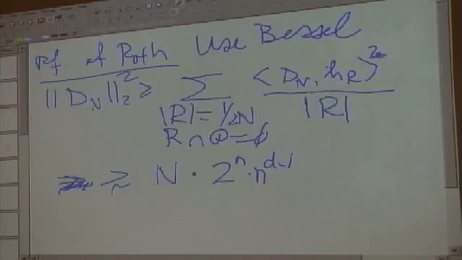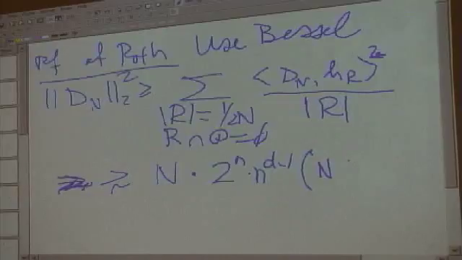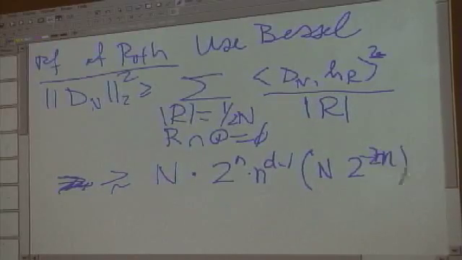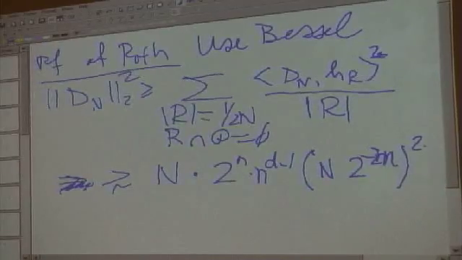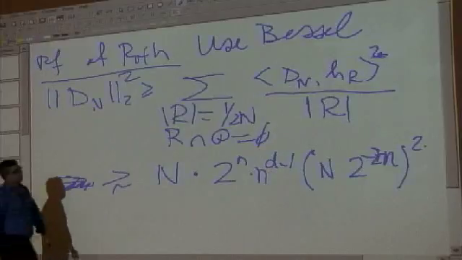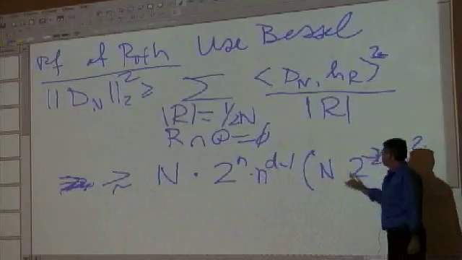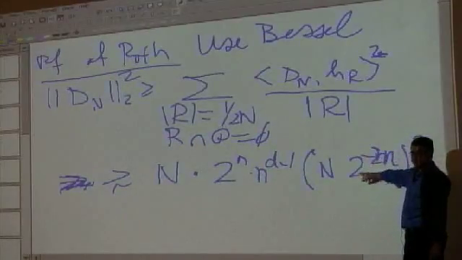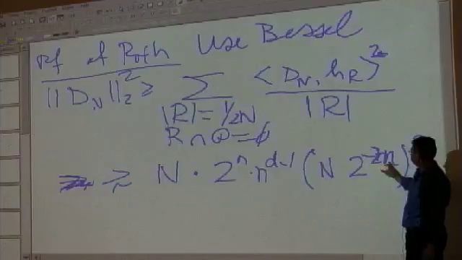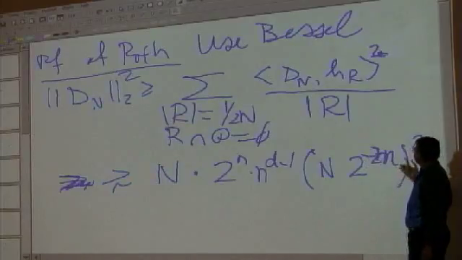And now what is the inner product squared? The inner product was this capital N times the volume of the rectangle, squared. The volume of the rectangle is 2 to the negative n, so I've got minus 2n.